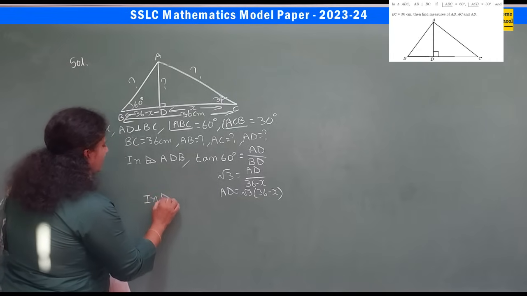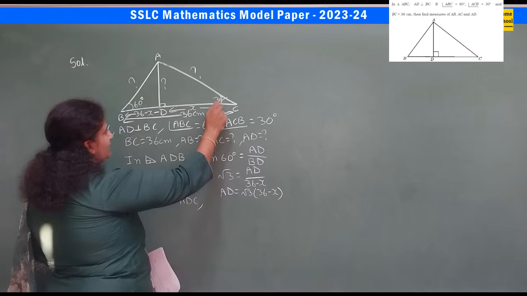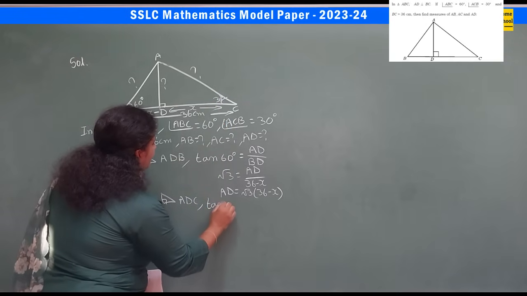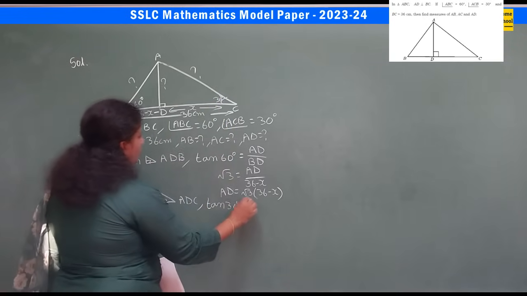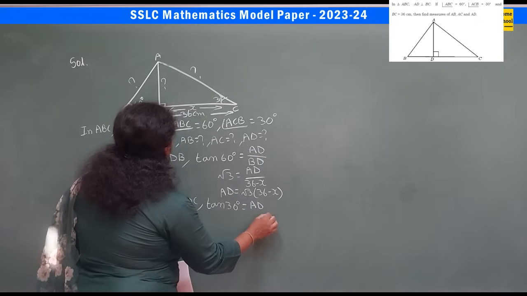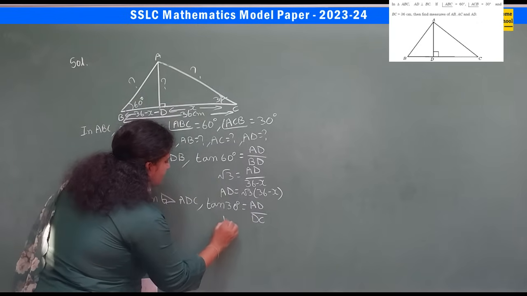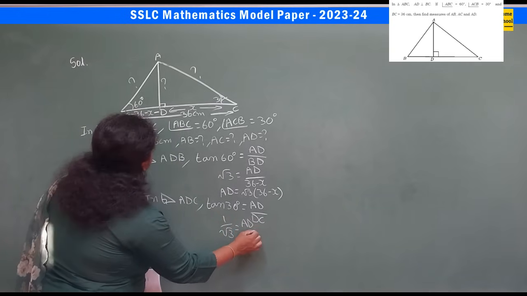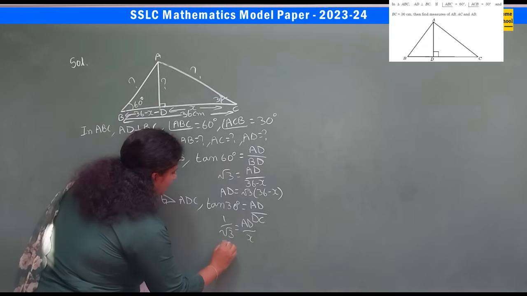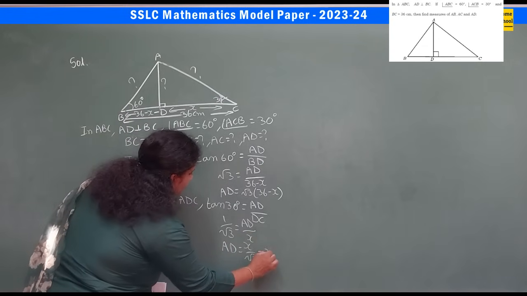In right triangle ADC, angle is 30 degree. Tan 30 degree is equal to opposite AD by DC. Tan 30 value is 1 by root 3. AD we don't know. DC value is X. AD is equal to X by root 3.